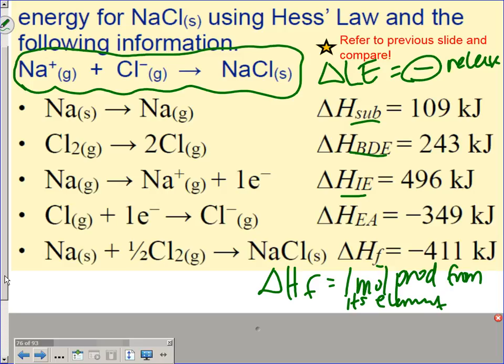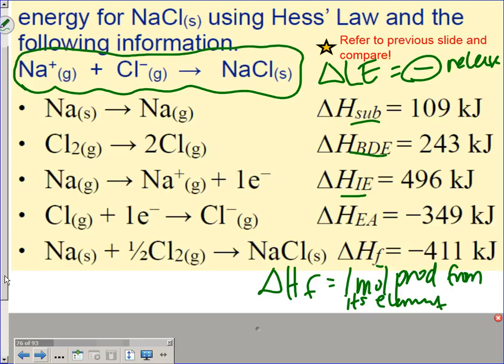Have I used all the equations? Can we double check that we have everything we want? What else do I know I need to keep? The chlorine ion. Let's double check that everything has aligned and we can cancel like we do in Hess's law. Can sodium solid cancel? Yes. Can half of a chlorine gas cancel? Yes.